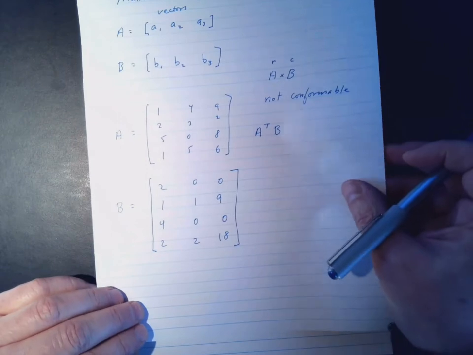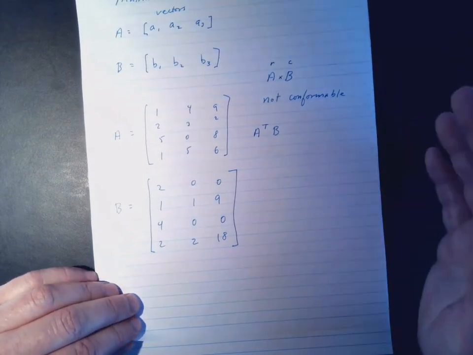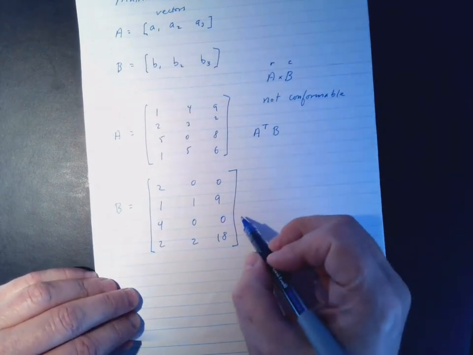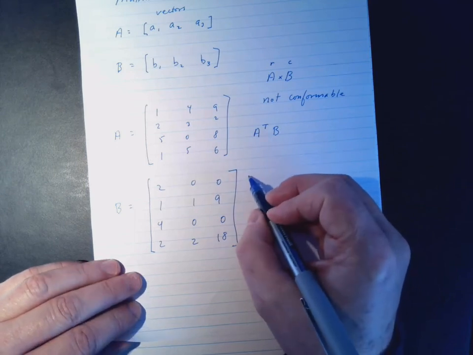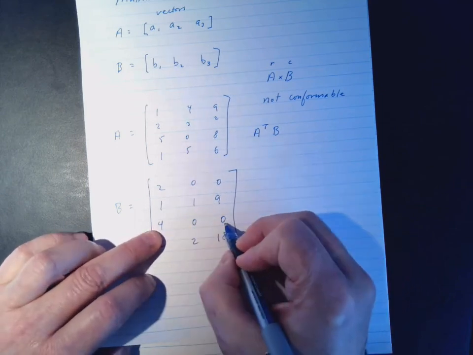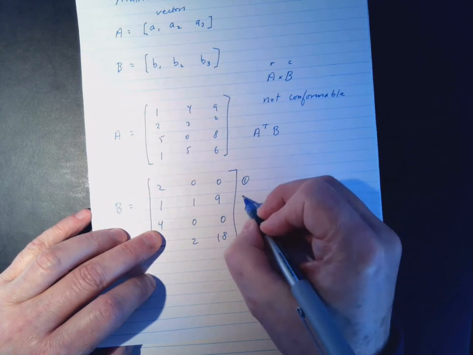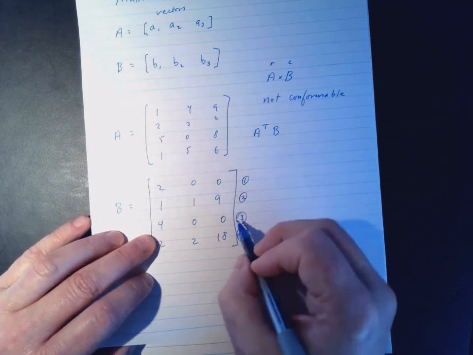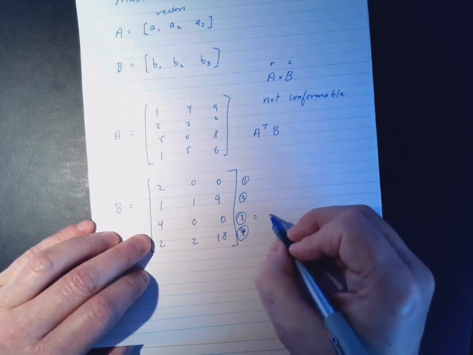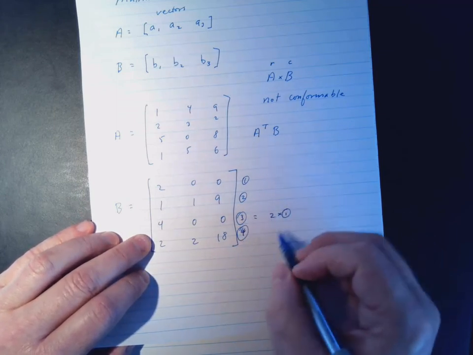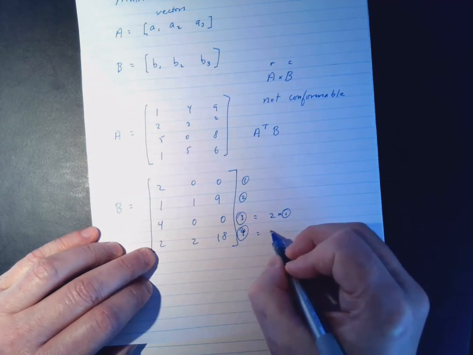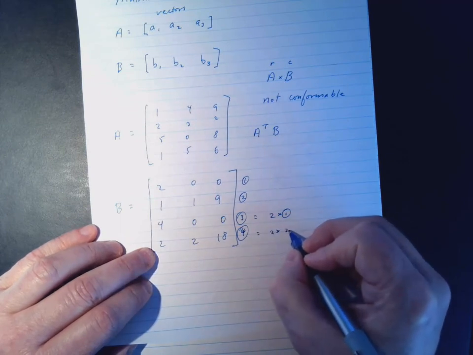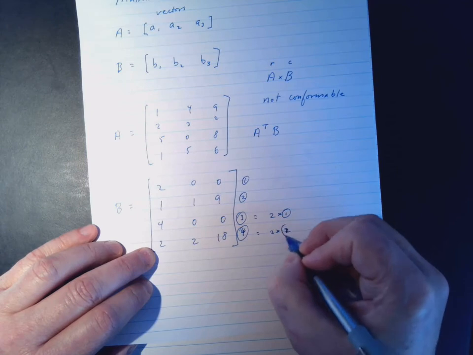Just one thing I want to show you about matrix B, which you might have noticed when I was writing it out. Notice that this row here, so I'll label the rows 1, 2, 3, and 4, is 2 times the first row, and this row is 2 times the second row.